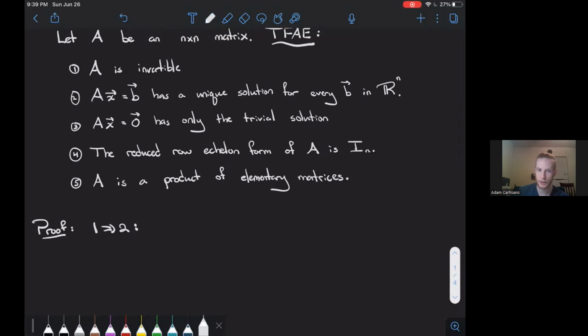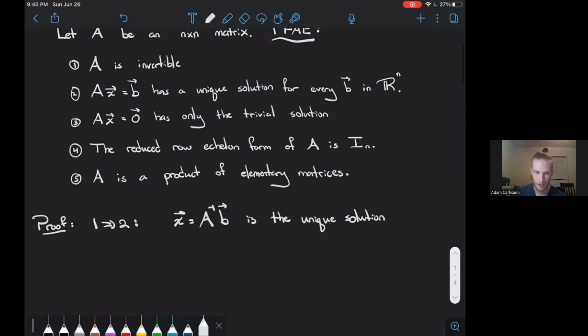If A is an invertible matrix, then X equals A inverse B is the unique solution. Honestly, you could also just multiply both sides on the left by A inverse, and you'll arrive at a unique solution. Okay, so there we have it.